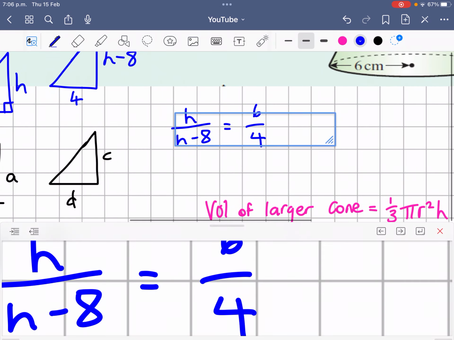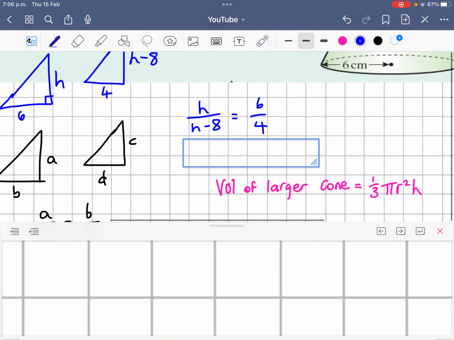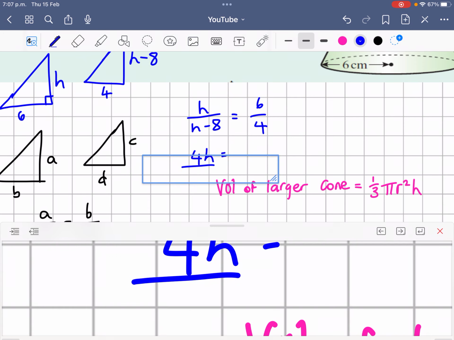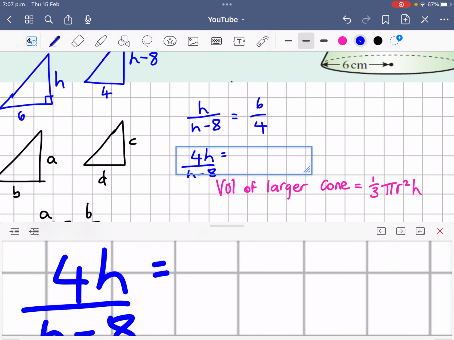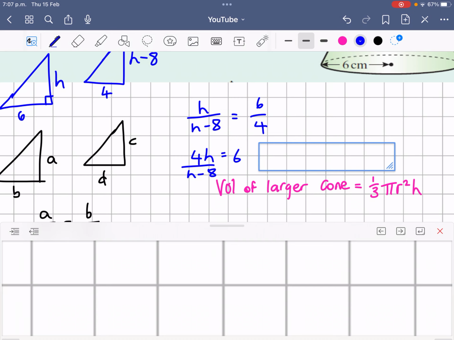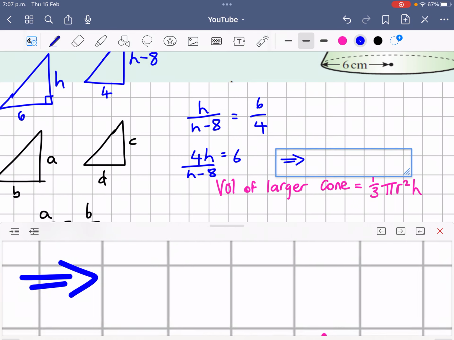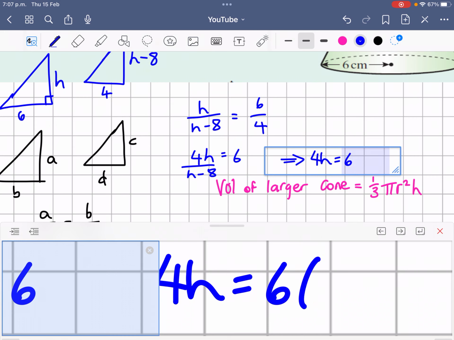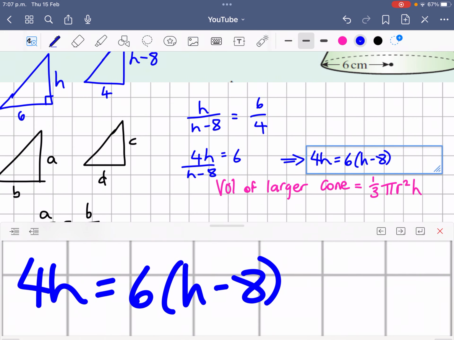And now doing some algebra with that, we could cross multiply, or we could multiply both sides by 4, and that gives me 4h over h minus 8 equals 6. And then when we multiply both sides by h minus 8, we get 4h is equal to 6 times h minus 8.